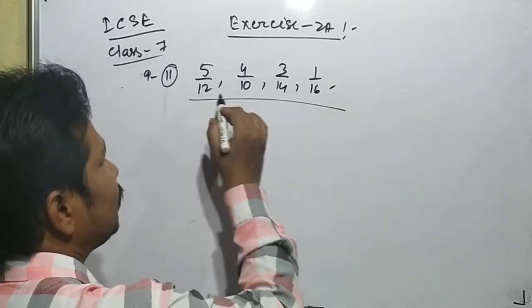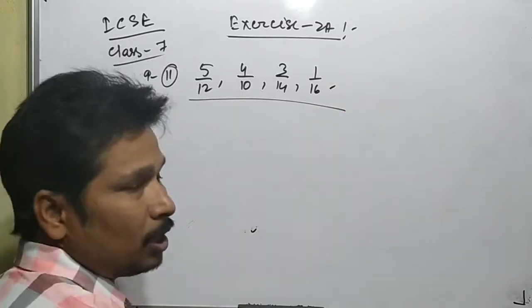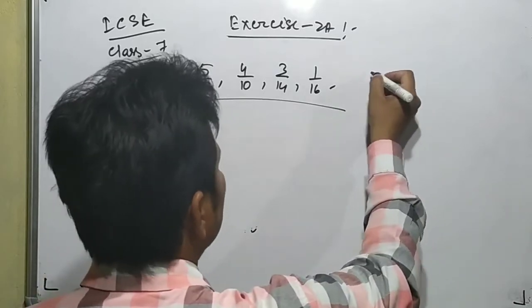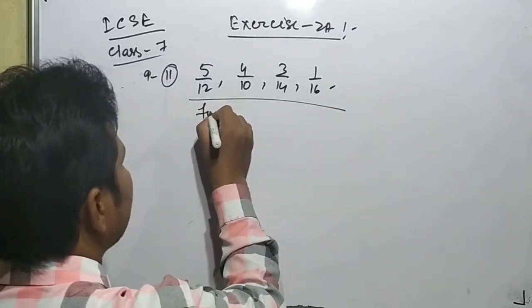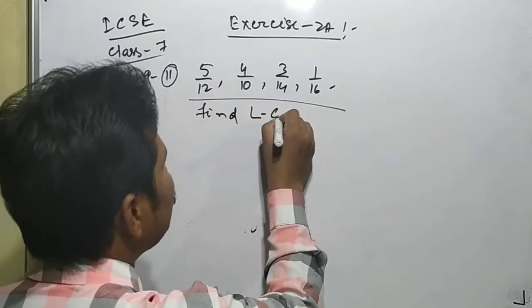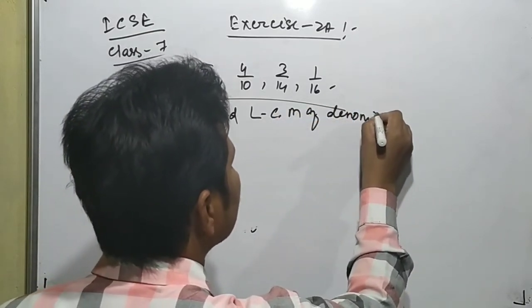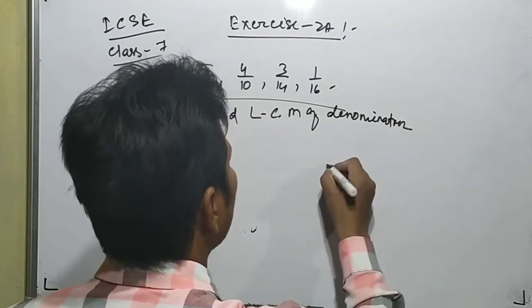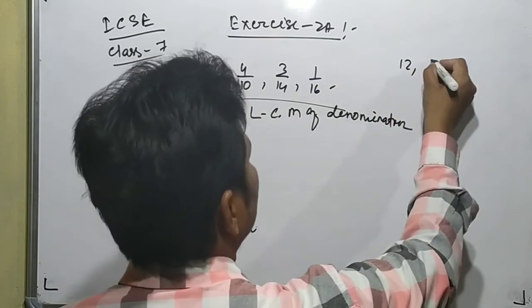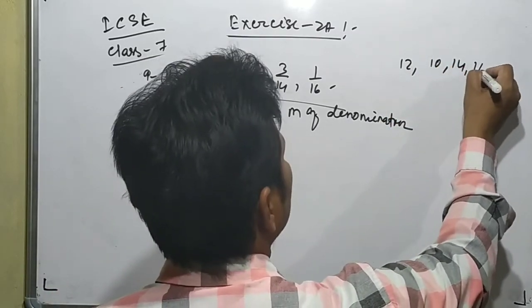So what is the process? We first have to find the LCM of the denominators. The denominators are 12, 10, 14, 16.